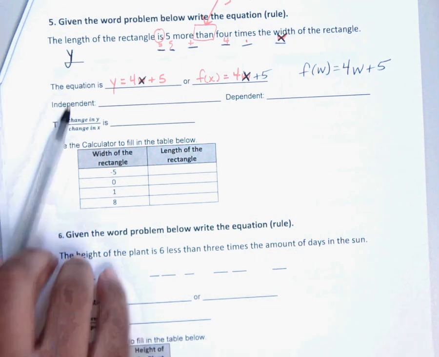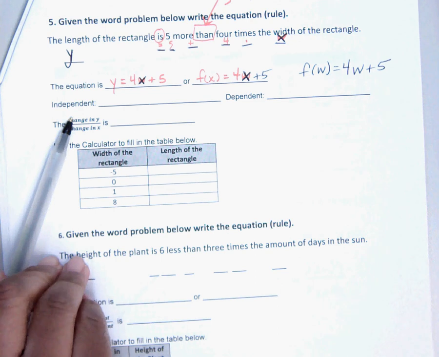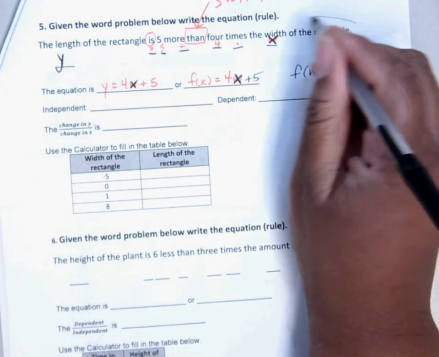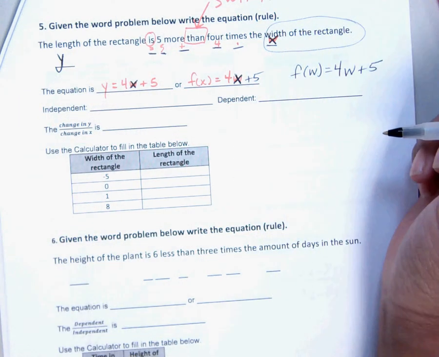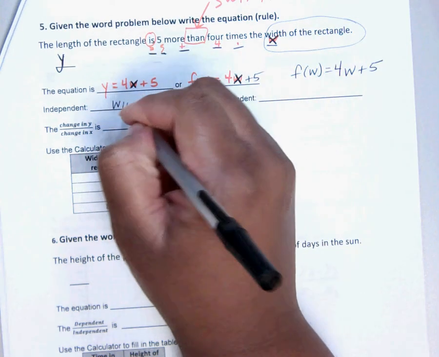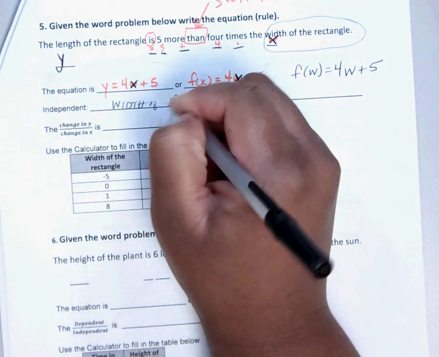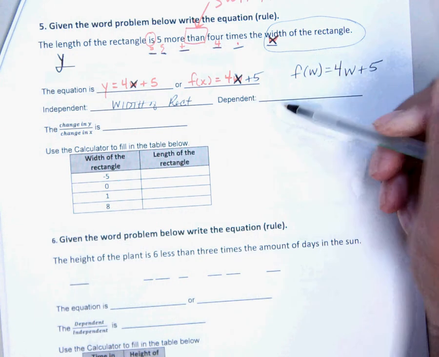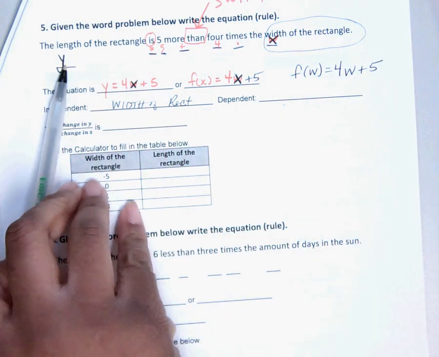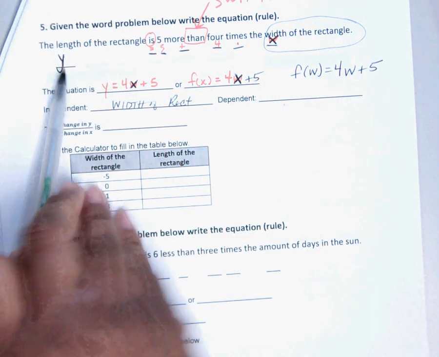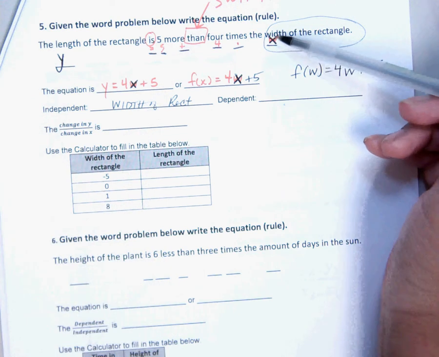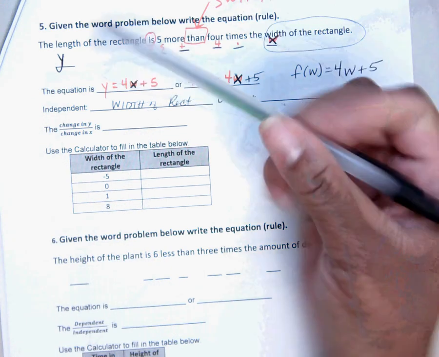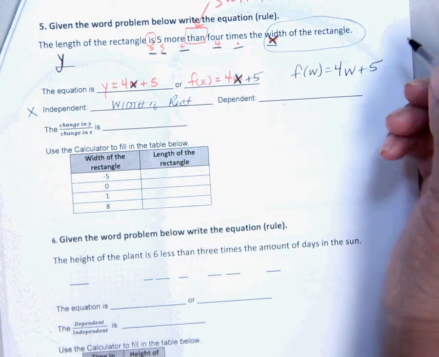Let's do the independent. The independent variable is going to be whatever the x stood for. And there it is. The width of the rectangle. And the dependent variable is going to be where the y is. Now see why I had to go back and put a y here and then an x here instead of that w? Because now we're talking about independent, which is x, dependent, which is y.